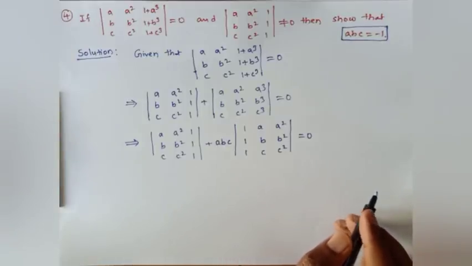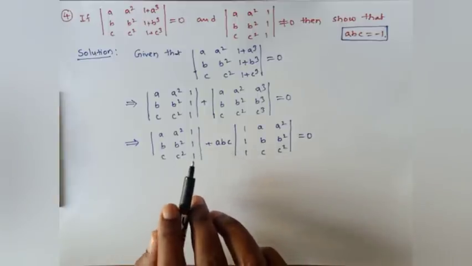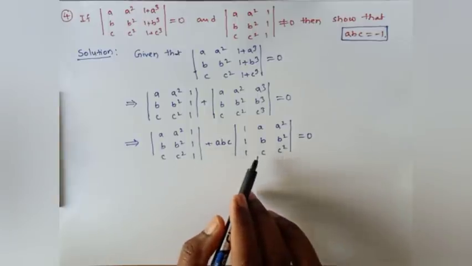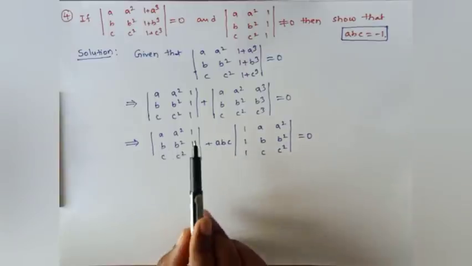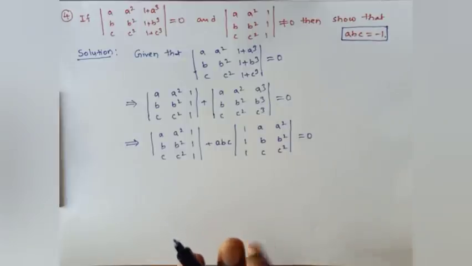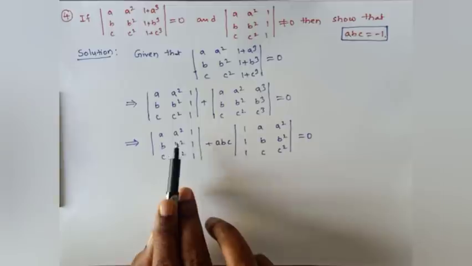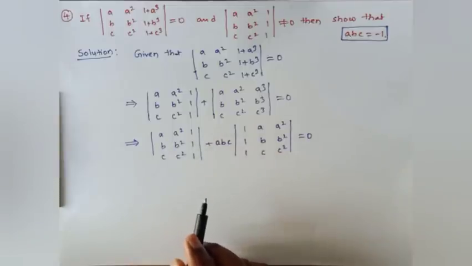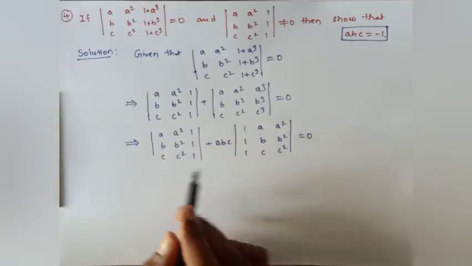Right? Now see here, you can observe these two determinants. They are in the same mode, so the elements are same. But the columns are not same, right? So here, there is a chance to change the columns by using a property. Here you can interchange these two columns.